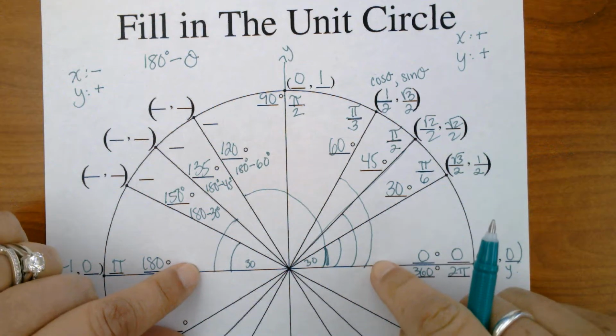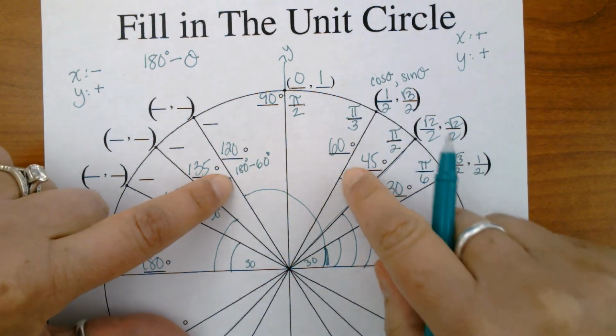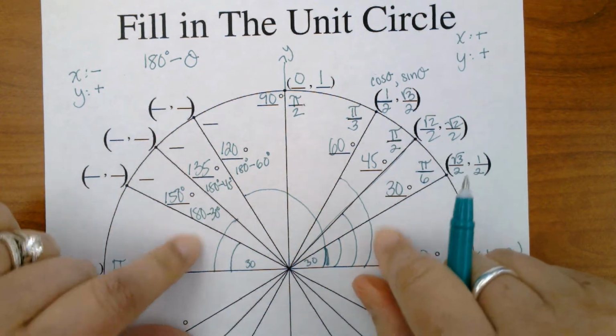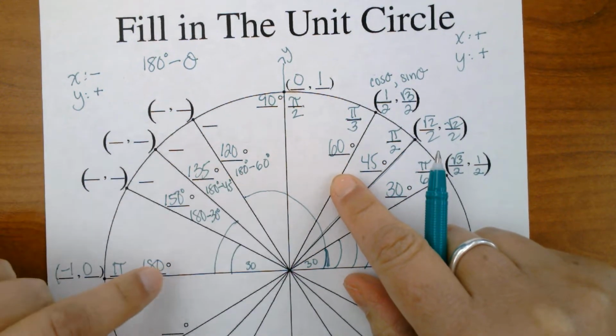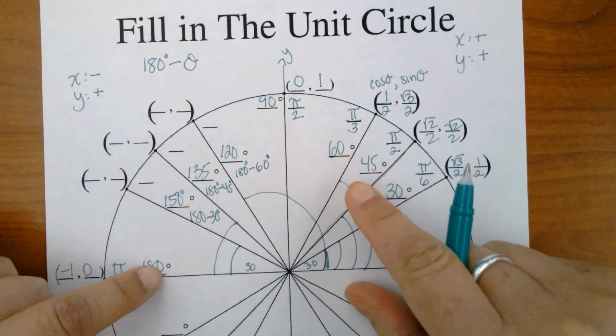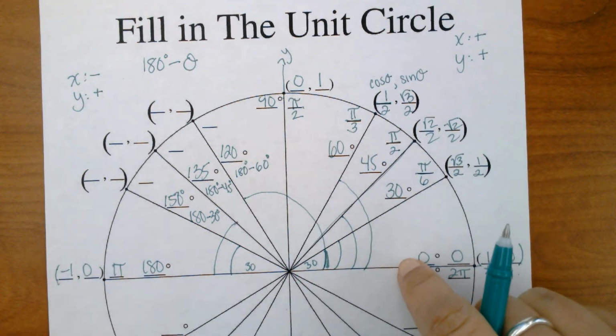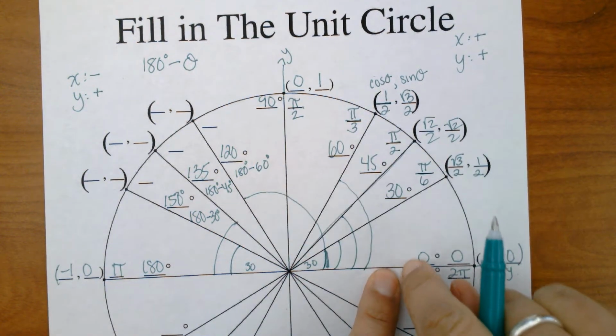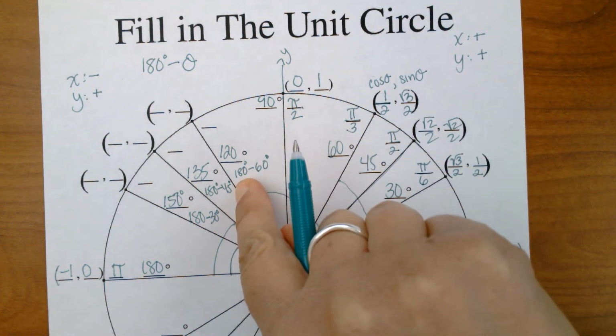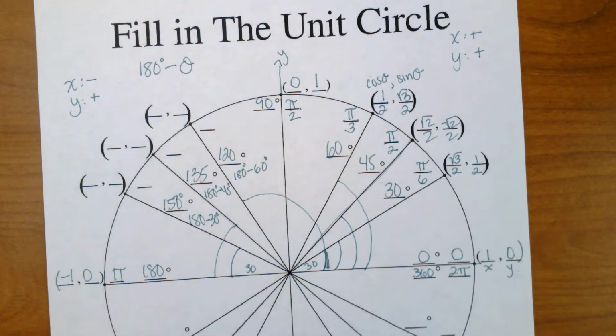And then from here all the way up, this is 60. However, we don't start from the negative x-axis, everybody. Where do we start? That's right, we start from here. And that's why we have to go all the way here, and that's why we do 180 minus 60, okay?